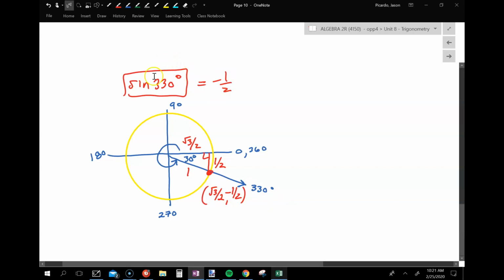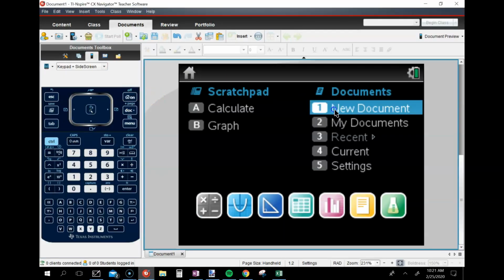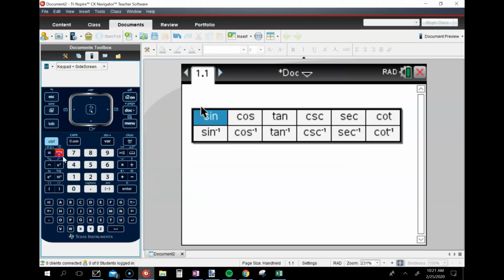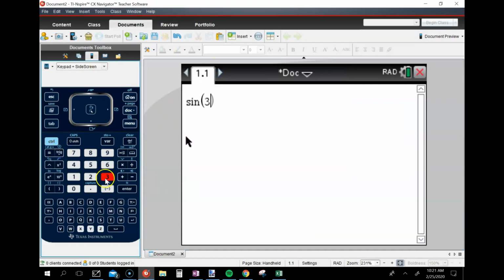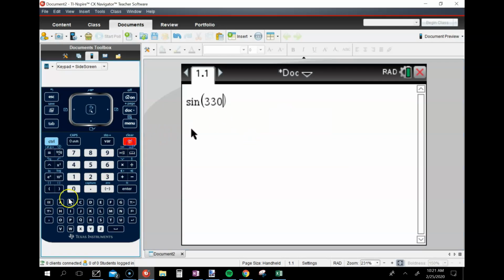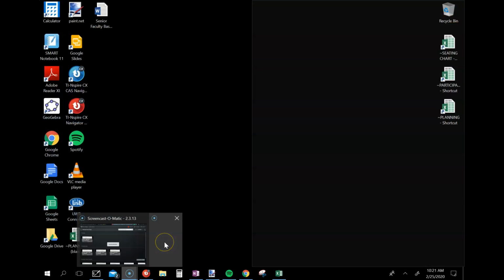So I think that sine of 330 degrees is equal to negative 1/2. Negative 0.5. Okay. Now, right now, your question should be, well, if I could just do it on the calculator, why don't I just do that? Agreed?